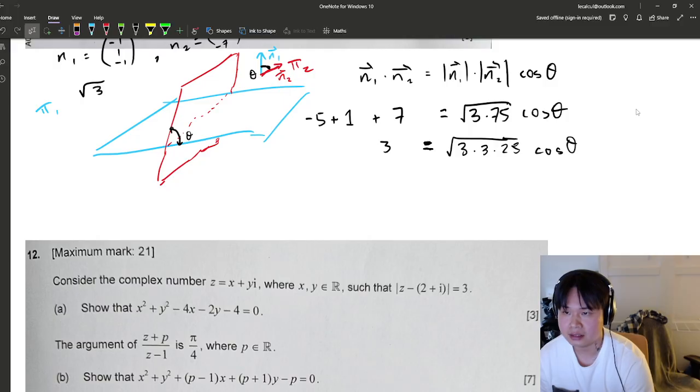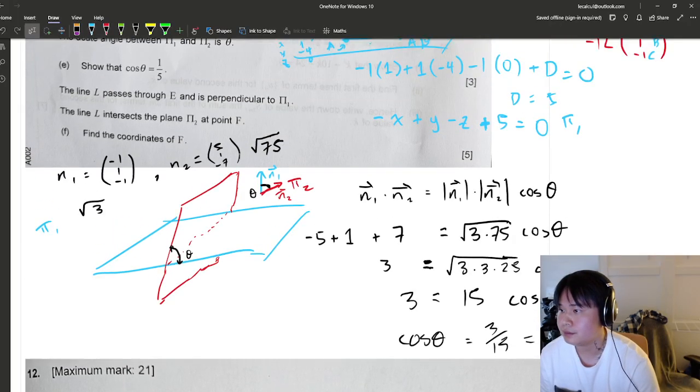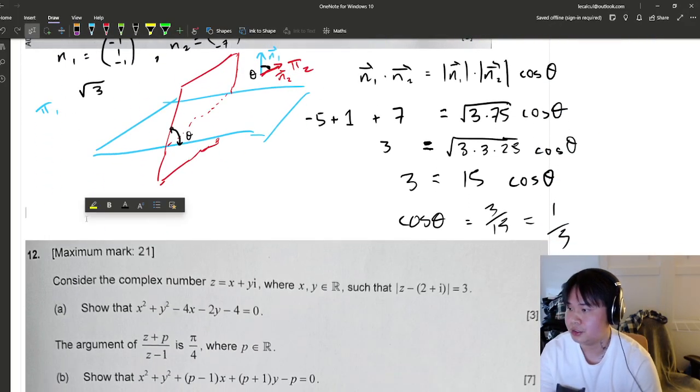The root of 9 is 3, the root of 25 is 5, so 3 times 5 is 15. So we did it: 3 over 15, which is 1 over 5. Oh, we're not done. Shoot.